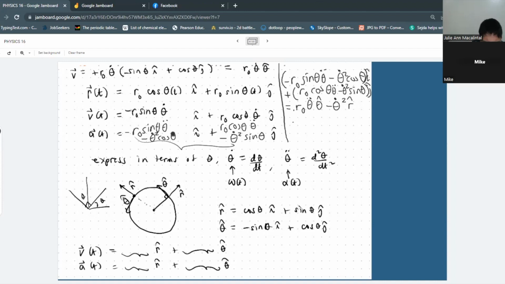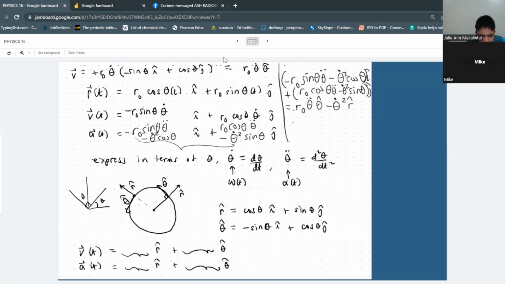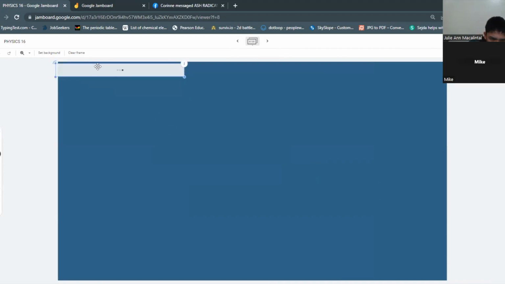No. Get a fresh sheet, and do it there. Don't copy it yet. Just write the first equation: r of t is equal to r naught cosine theta of t i hat plus r naught sine of theta t j hat.